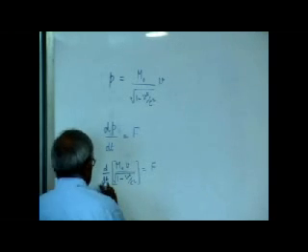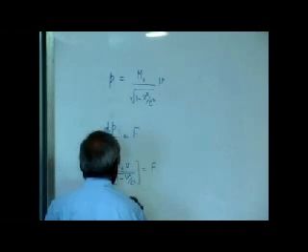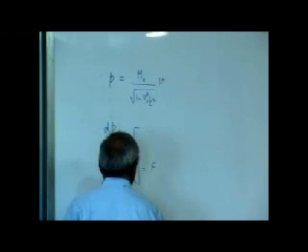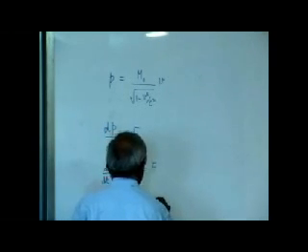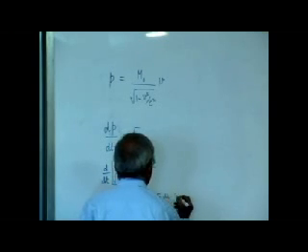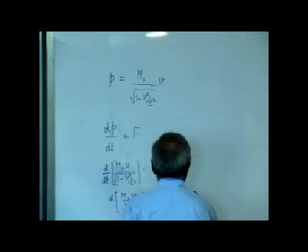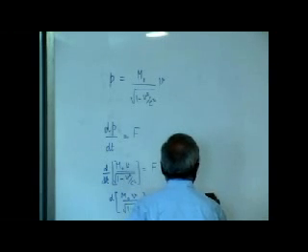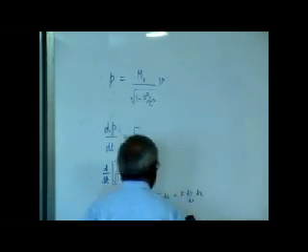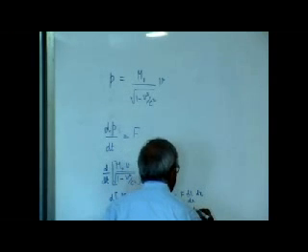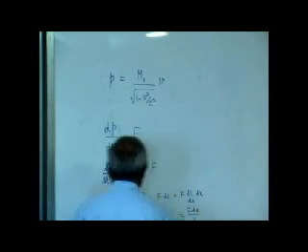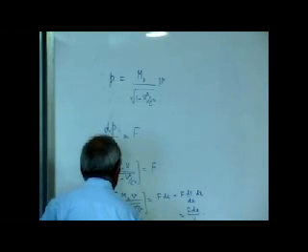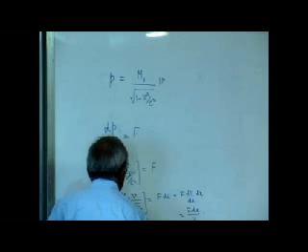I take dt on that side, which I can write as F dx, which is F dx by v. And I bring v on this side, so I get v into d of m0 v.